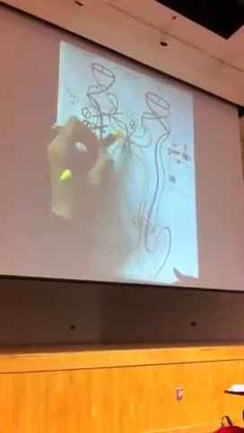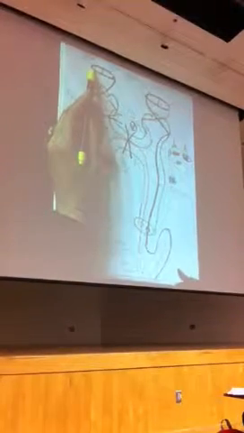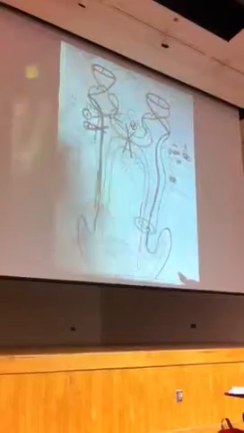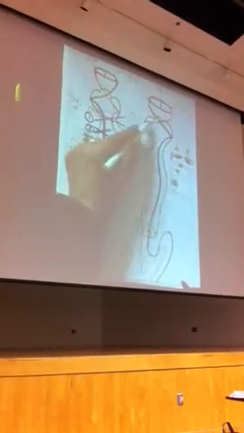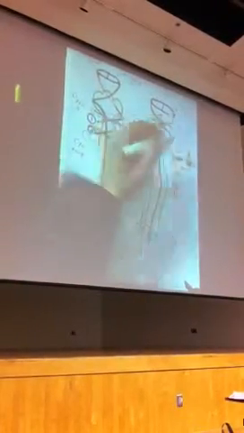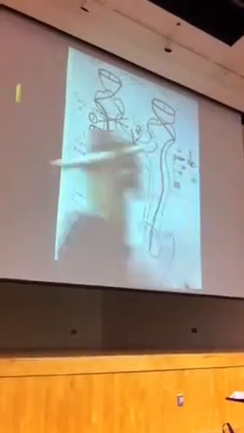Look at here. From left temporal field, right? From left temporal field and right temporal field. Right temporal field.